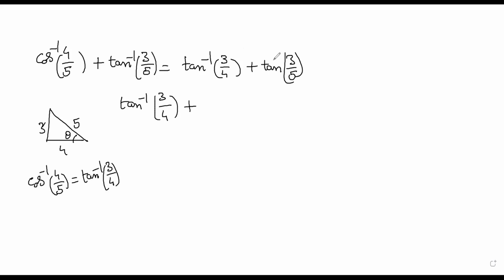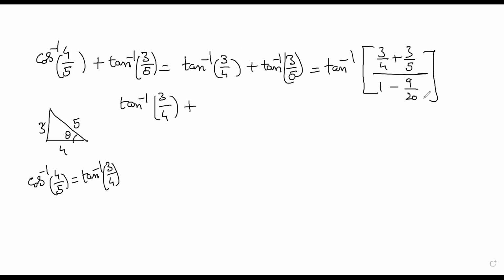So this is again tan inverse x plus tan inverse y. So it is tan inverse of x plus y by 1 minus xy. So that is 3 by 4 plus 3 by 5 divided by 1 minus xy, that is 9 by 20. Here you can take the LCMs.